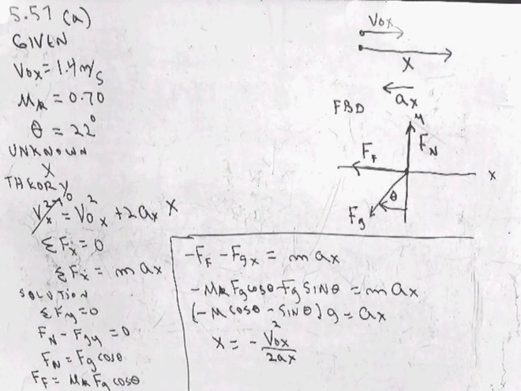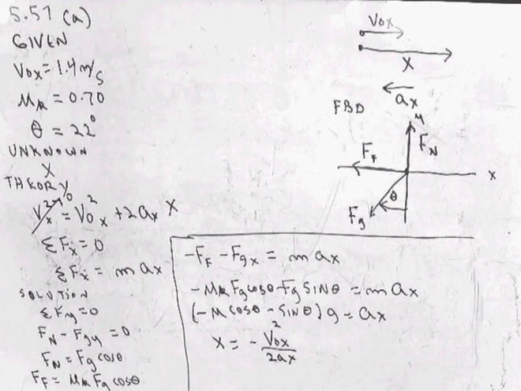Now let's look at the b part of the problem. In the b part, it wants to know, if it goes all the way up there, will it turn around and accelerate back down? The answer to that comes from comparing the force that's trying to pull it down versus the force that's trying to resist it.